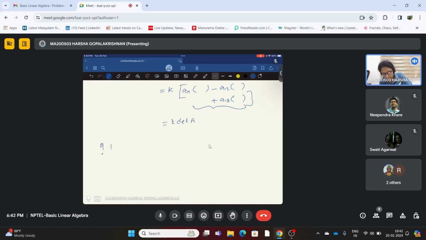If A and B are two n by n matrices, which of the following are true? This is a very simple question.